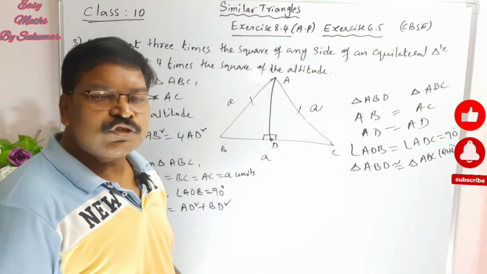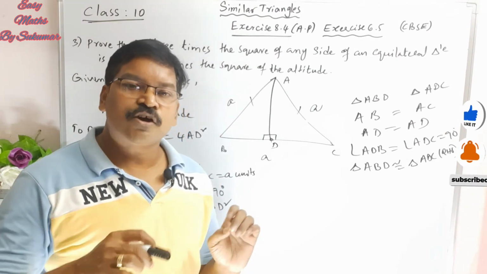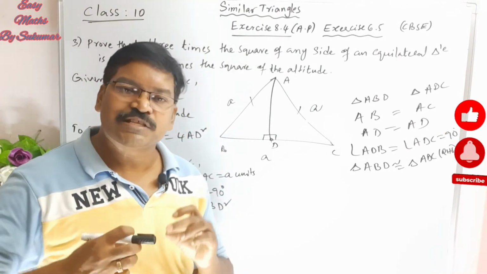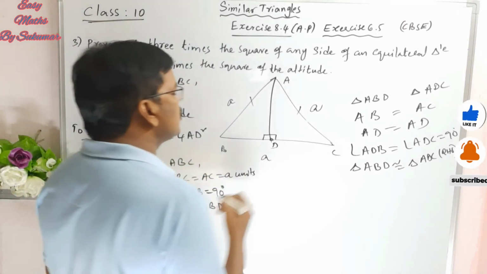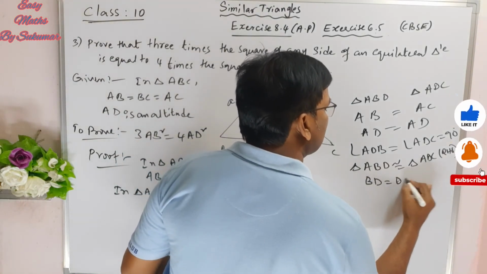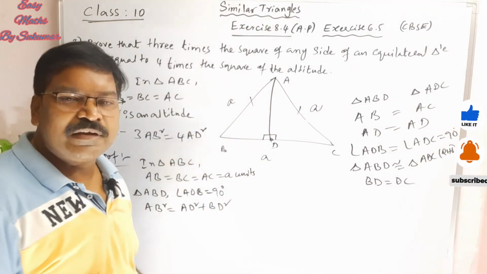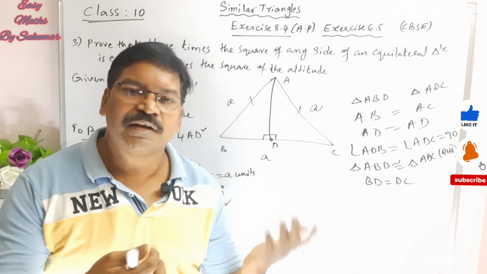Whenever 2 triangles are congruent, not similar, congruent, according to CPCT, which means corresponding parts of congruent triangles are congruent, BD and DC are equal. This is only possible for an equilateral triangle.